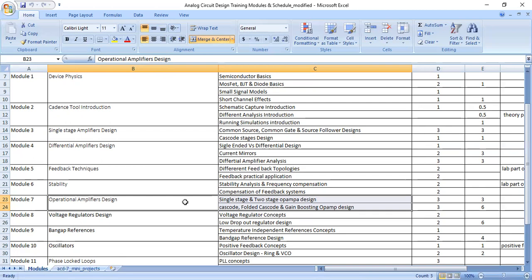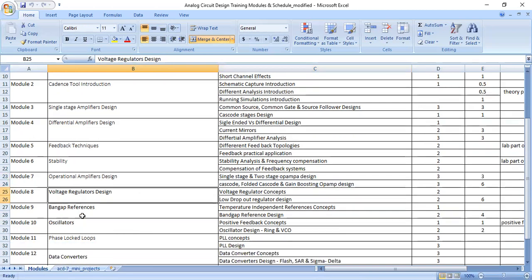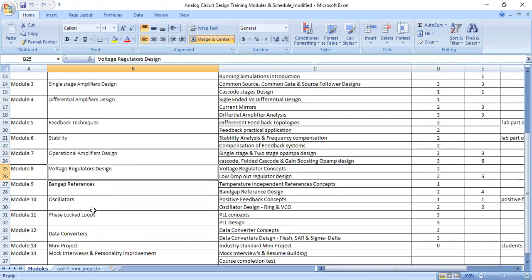All right. So once we complete this op-amp, this is where we are building industry standard applications from module 8. So voltage regulator design, right? I'll give an example of your laptop. I think you guys have connected either by laptop or desktop or a mobile phone. Everything has its own operating voltage.